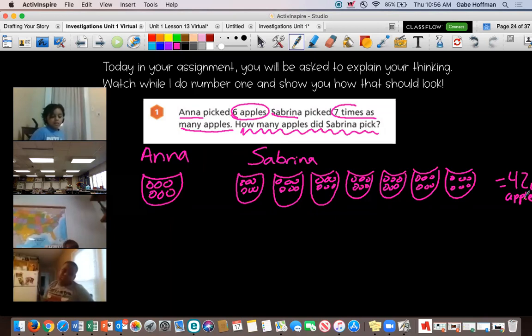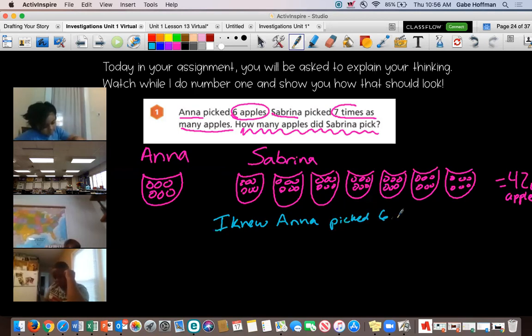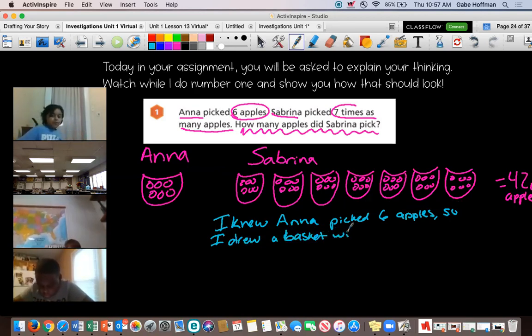I need to explain, writing, using my words, how I got this answer. So I'm going to write it in a different color. I knew Anna picked 6 apples, so I drew a basket with 6 apples in it.